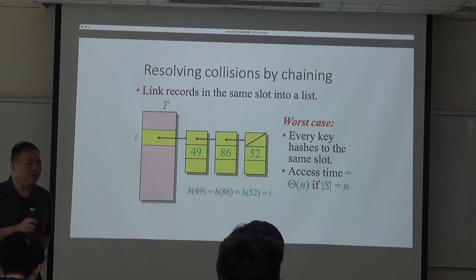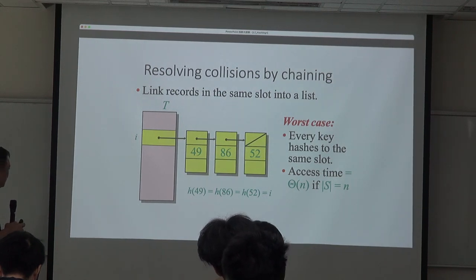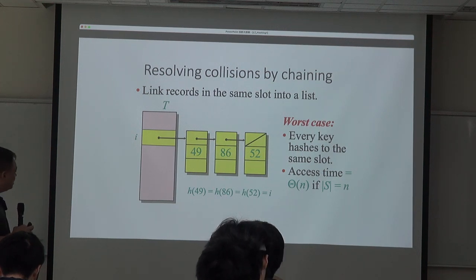Again, this is very unlikely. If a hash function has too many collisions, most likely your hash function has some issue, as we will discuss later. But anyway, if that happens, every key is hashed to the same slot.